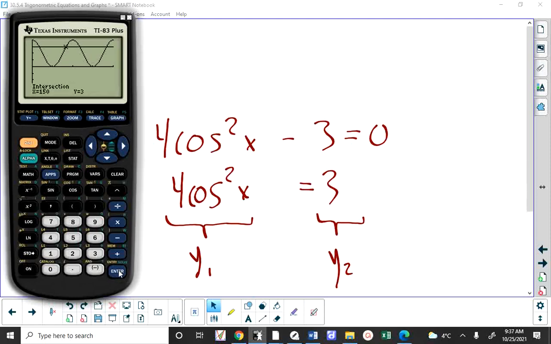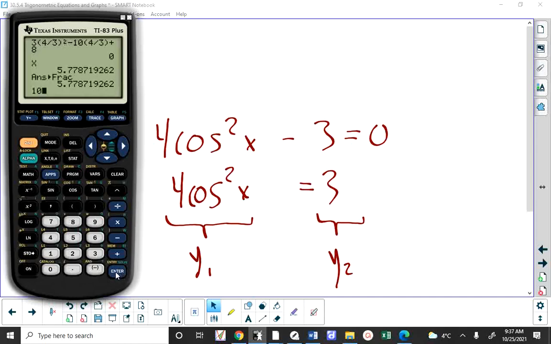Want to know the x-intercept way over here, or the intersection point way over here? Choose intersect. No, that doesn't work. I guess you do have to scroll here. So you would move the cursor closer to that x-intercept and then hit enter 3 times.